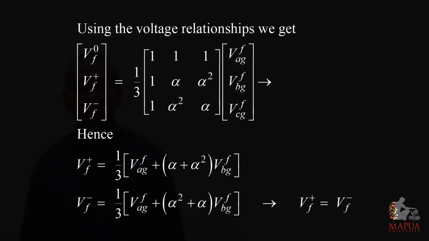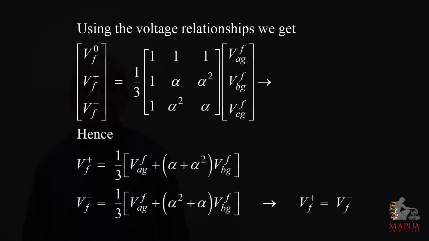Now, using the voltage relationships, the sequence voltages will just be equal to 1/3 multiplied by the inverse of the matrix A multiplied by the phase voltages at the fault.